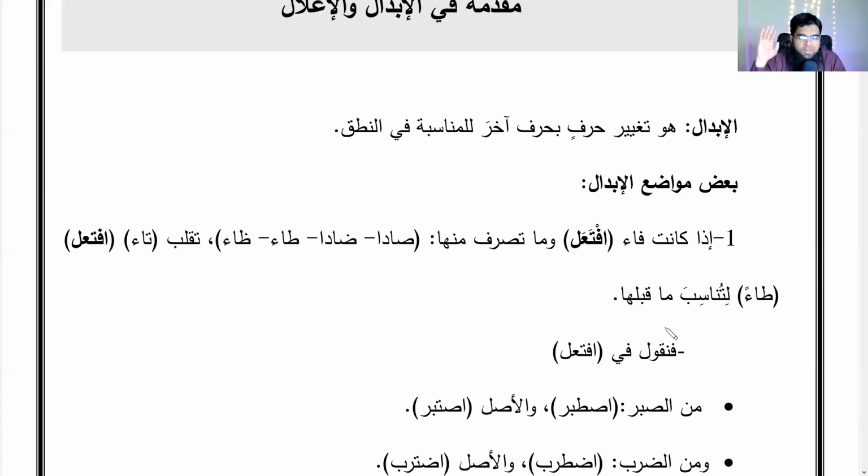It is according to what comes before it. So what he's saying is, if the fa of ifta'ala is one of these 4 letters, sad, dad, ta, dha, the heavy letters, you will change this extra ta to what? Ta.